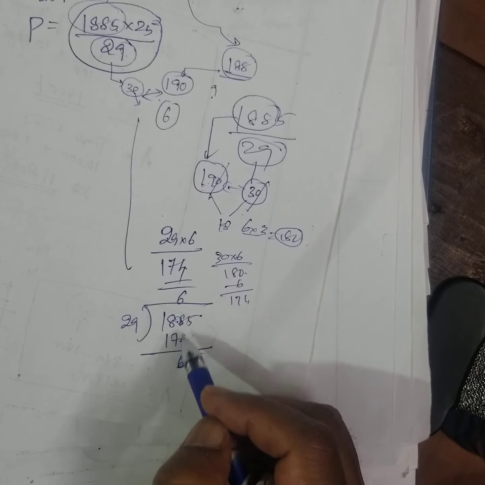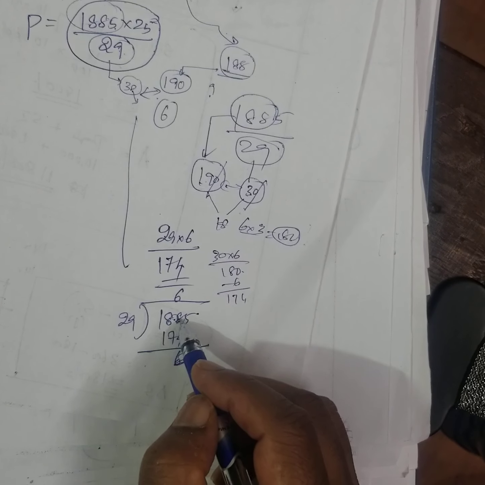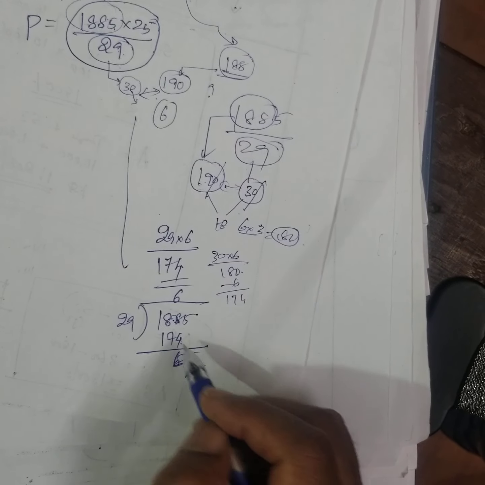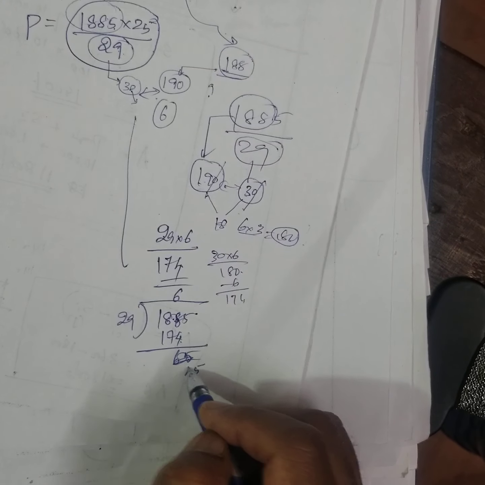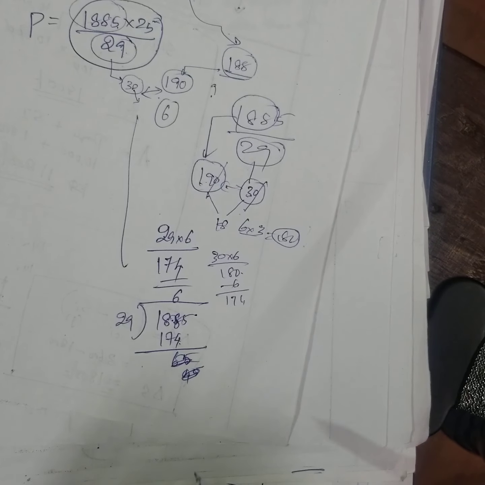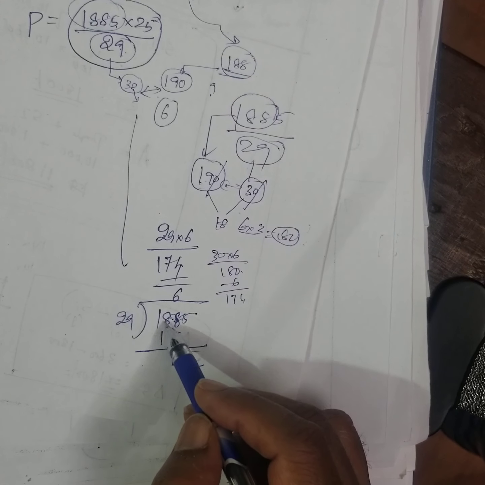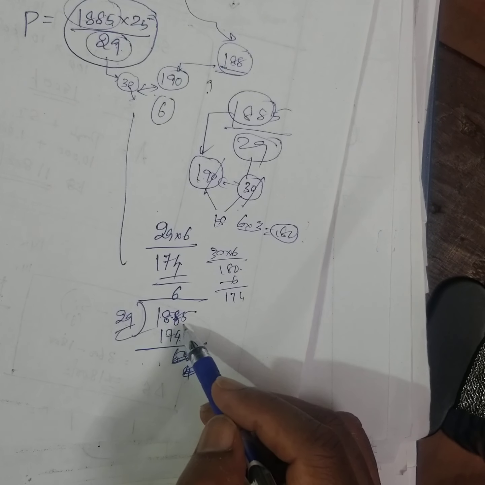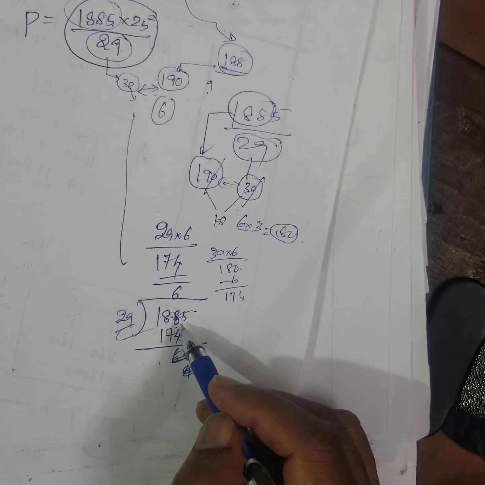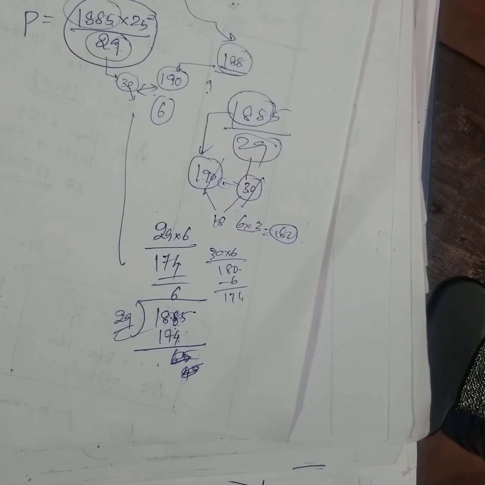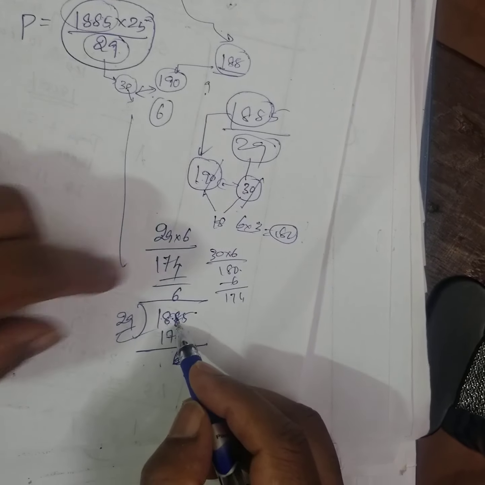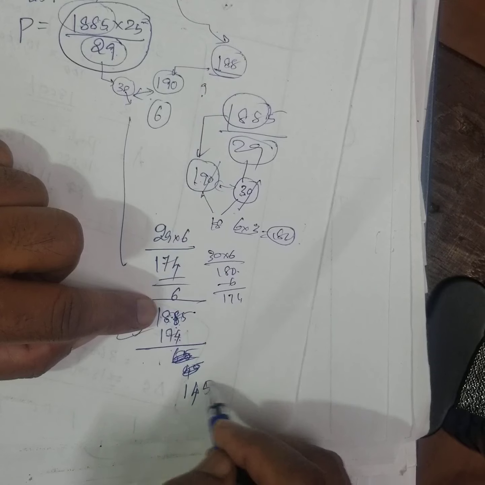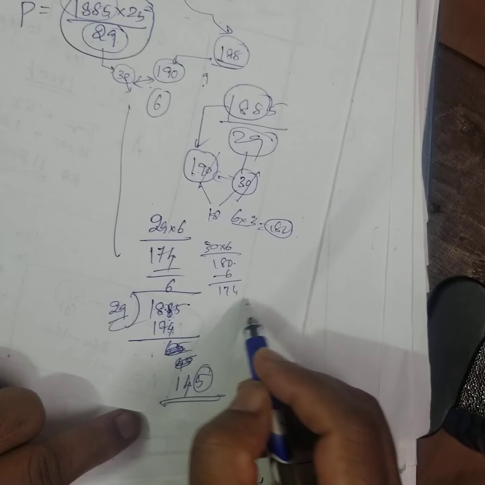Therefore, what I do is 174. Here 8 minus 4 is 4. Here 5. Here 174. Here 29, is it? I think it will be more. Therefore, 8 minus 4, 4. 8 minus 7 is 14. 145. 145. Again 29.